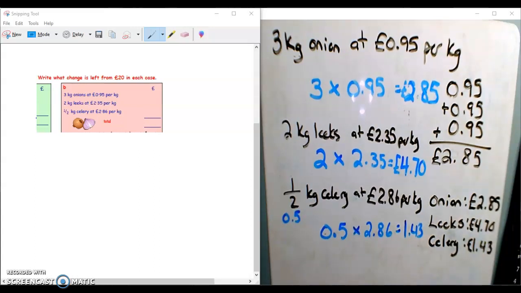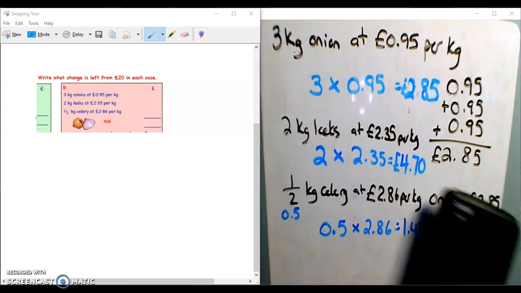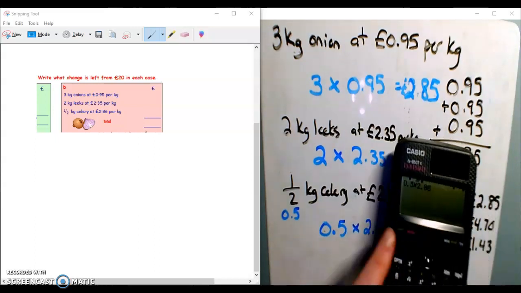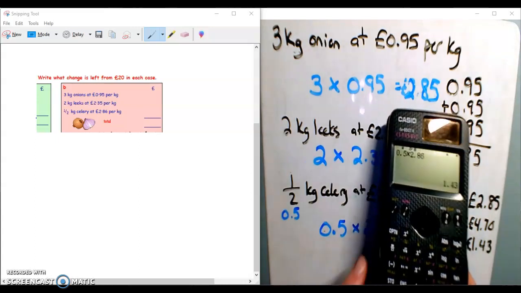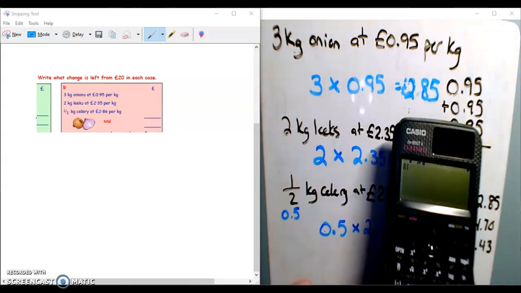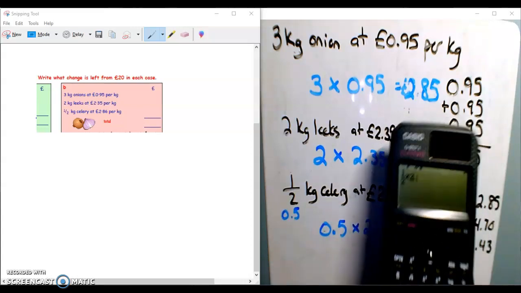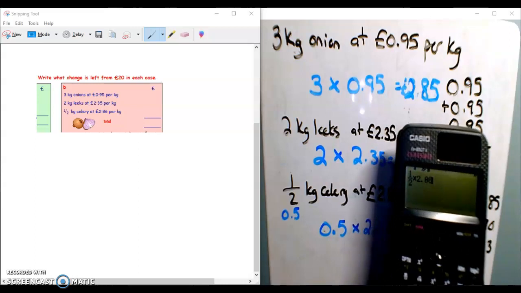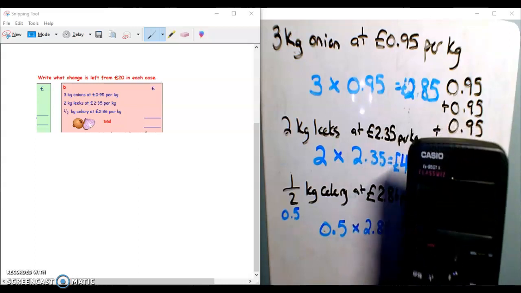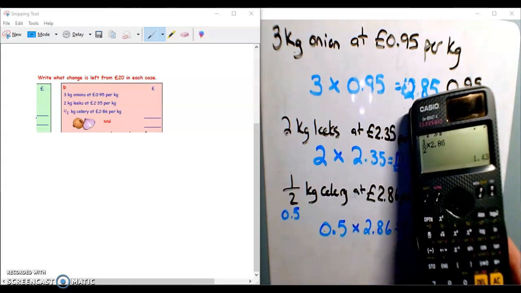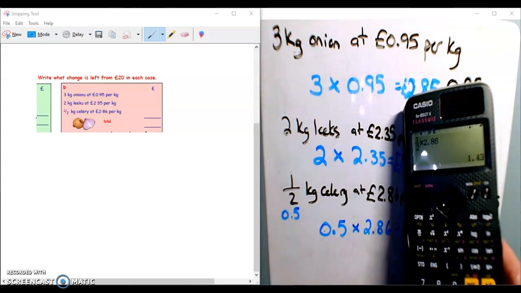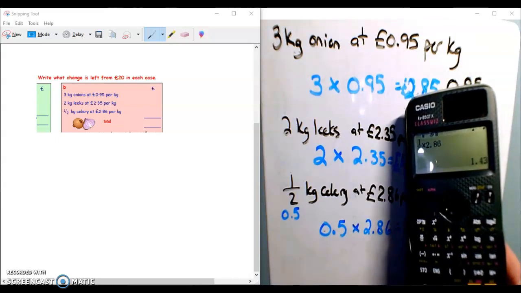Now before we find the total, let's see if we put in a half instead of 0.5. So 1/2 times £2.86. We should be getting £1.43, and we do. So half and 0.5 give us the same.